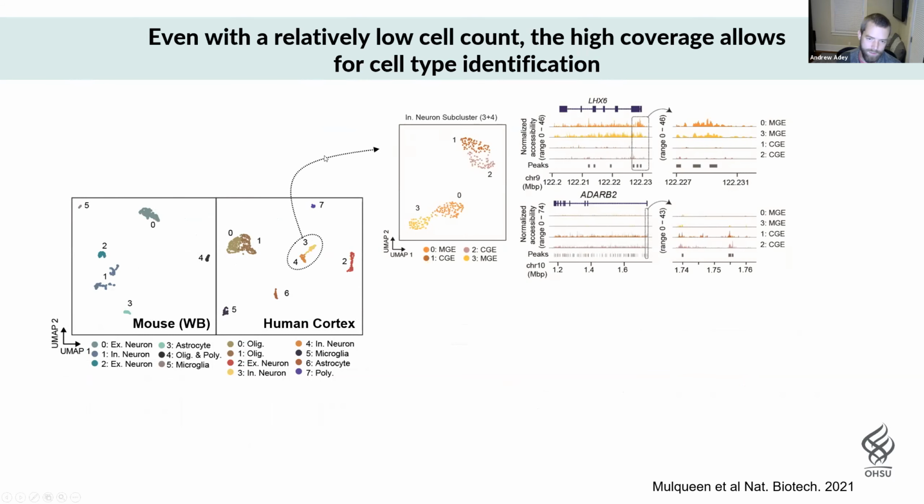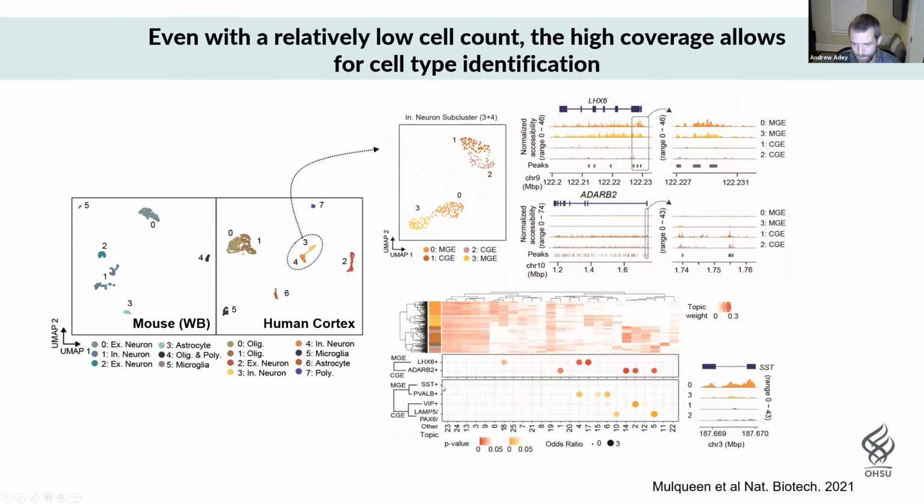And we're able to even do subclustering and break the interneurons into 4 different subclusters that match all the canonical markers of these CGE and MGE interneuronal subtypes, including separation between SST neurons and parvalbumin interneurons. So we were able to really identify the expected major cell types with high quality.